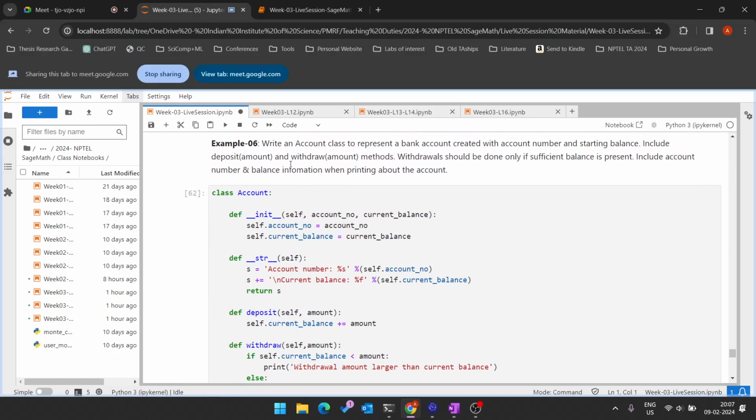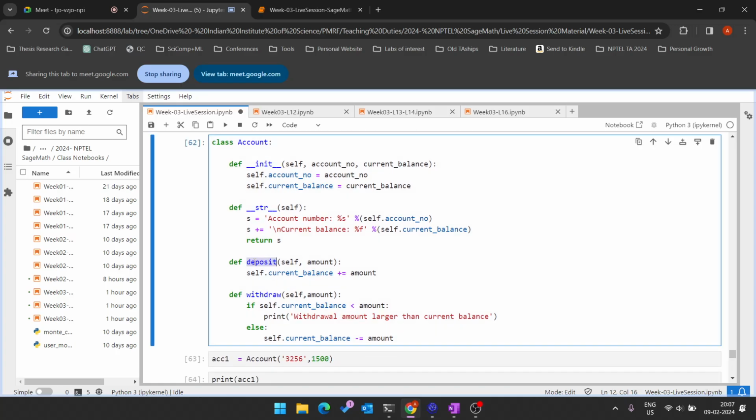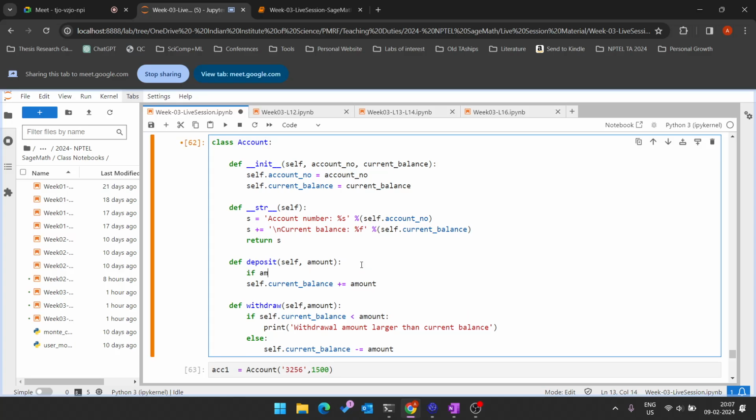Next, we want to add two functions, deposit and withdraw methods. So the deposit method will have the argument self itself, but it also includes another necessary argument, amount. What we are doing here is to the attribute current balance, we are adding whatever deposit amount comes. So our current balance increases post this deposit function. Here we could actually add one more thing: amount is greater than 0.